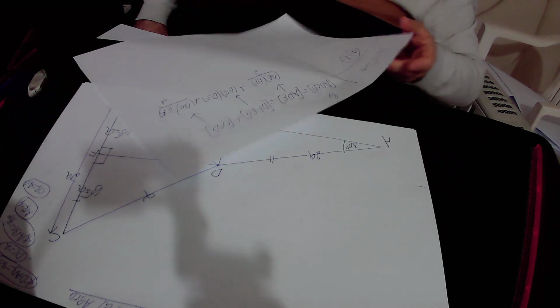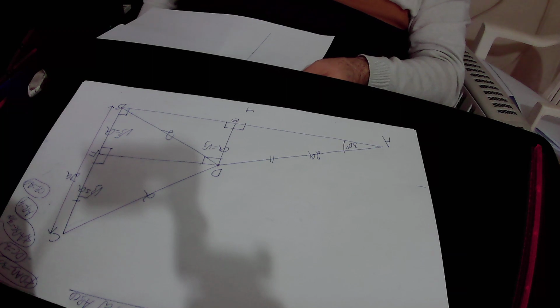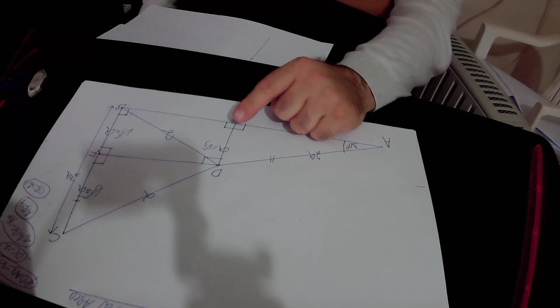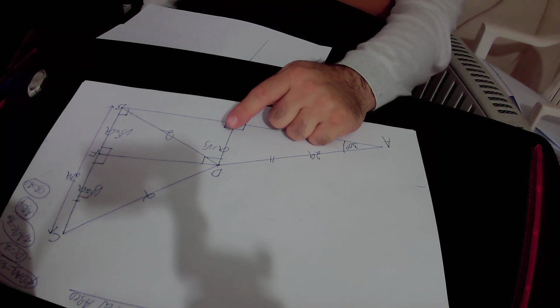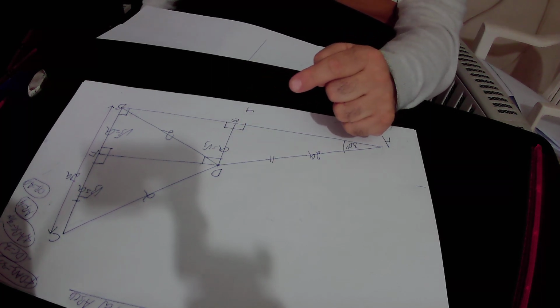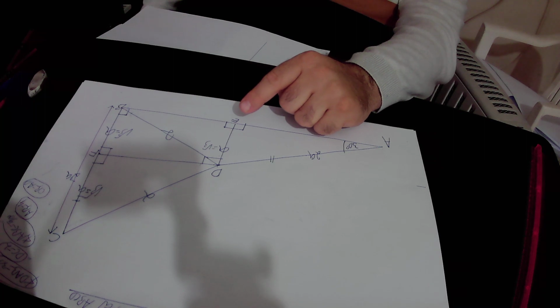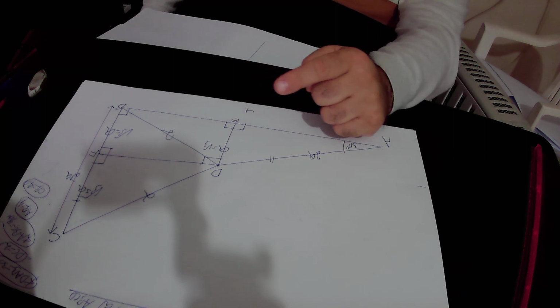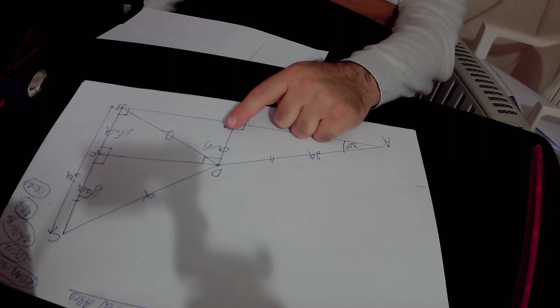But first of all, we will focus on the right triangle DEF, and we will implement the Pythagoras theorem on this right triangle DEF.